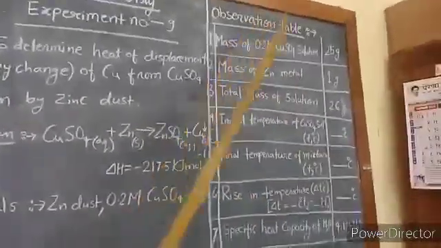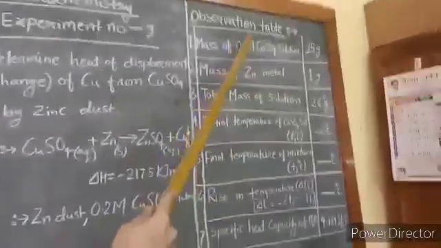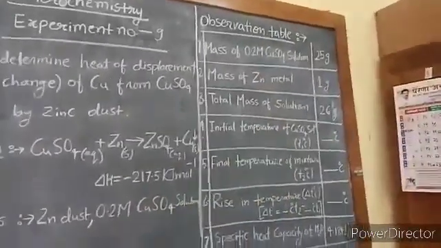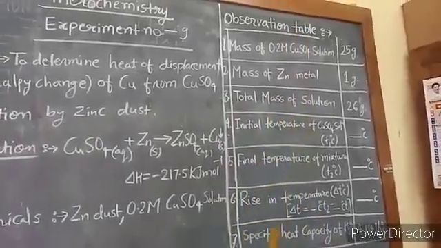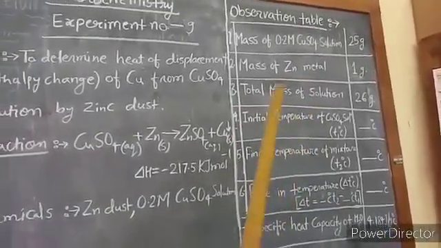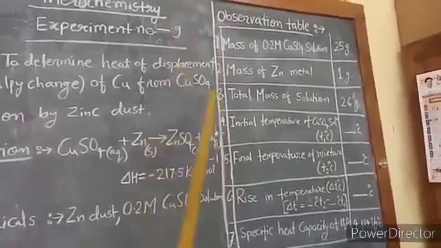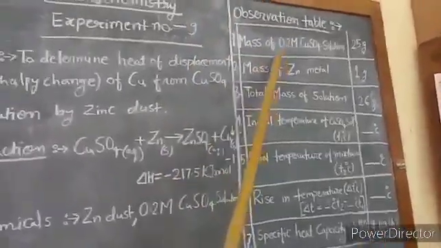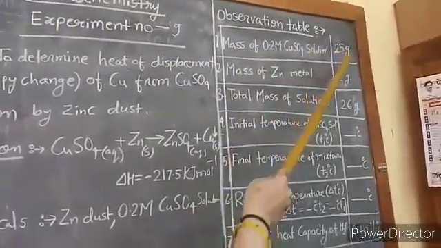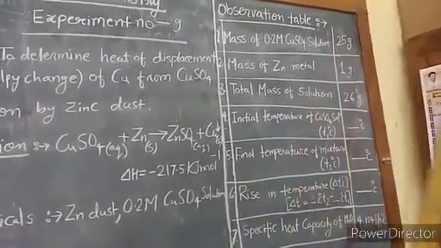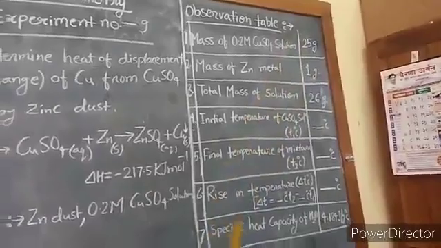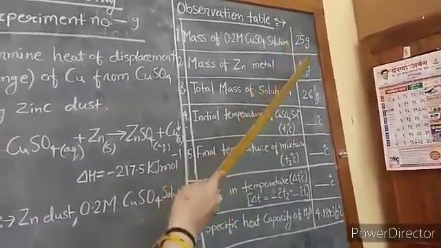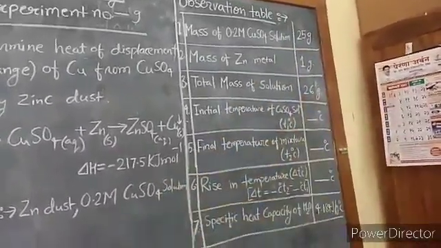If you see the observation table, you come to know what things you have to determine. First, the mass of 0.2 M copper sulfate solution is 25 gram. The mass of zinc dust which we have to take is 1 gram. Total mass of solution, 25 plus 1, is 26 gram.